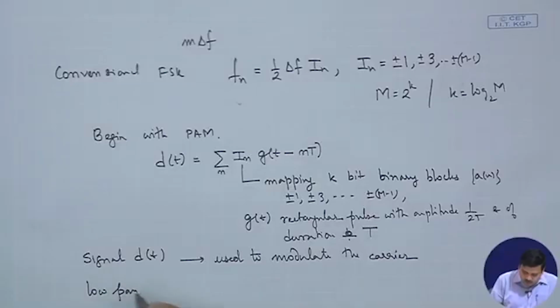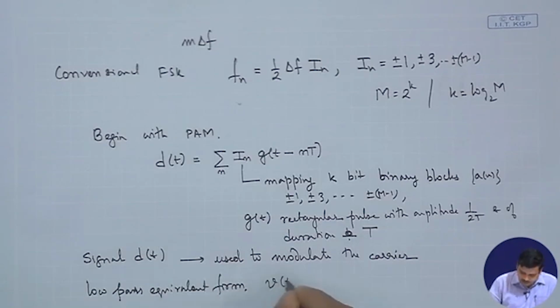So, if you use d(t) to modulate the carrier, then you could write the low pass equivalent form of the signal as v(t). So, we are not writing the passband immediately.